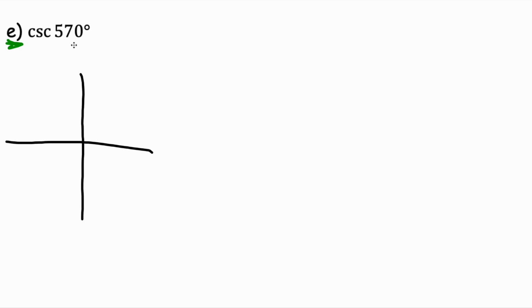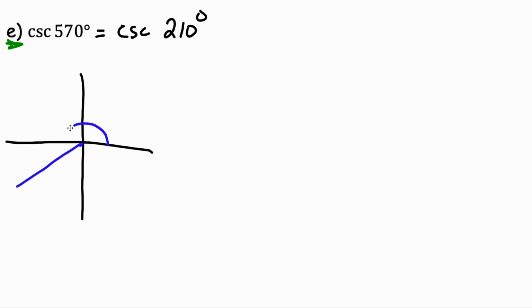So 570 degrees is already past 360. So if I do my coterminal, I subtract 570 minus 360, this is 210 degrees. Okay, so that kind of helps because now I'm starting here, I have 90, 180, that means 210 will be down here.